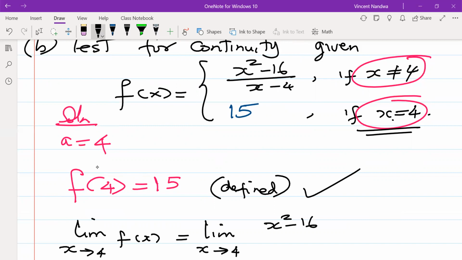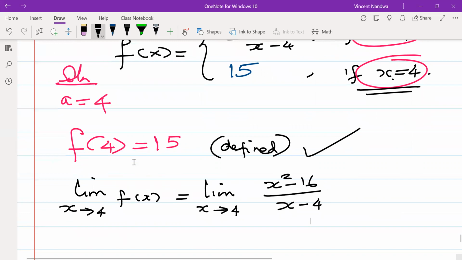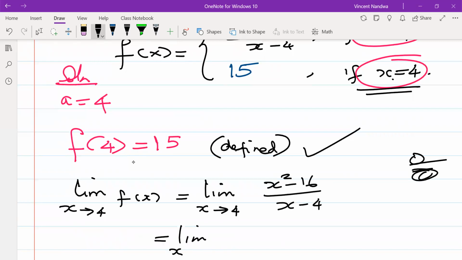Yeah, x squared minus 16 over x minus 4. Factorize, because by direct substitution we are going to get 0 over 0, which is not defined. So this will be limit as x approaches 4 of x minus 4 times x plus 4 over x minus 4.